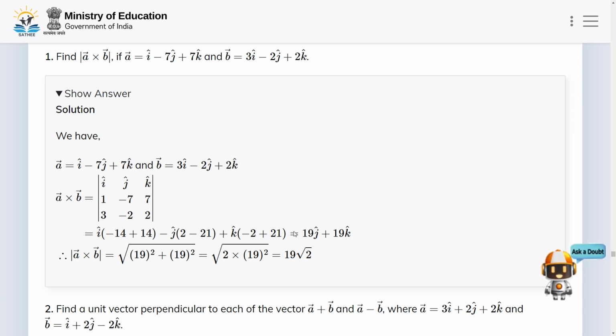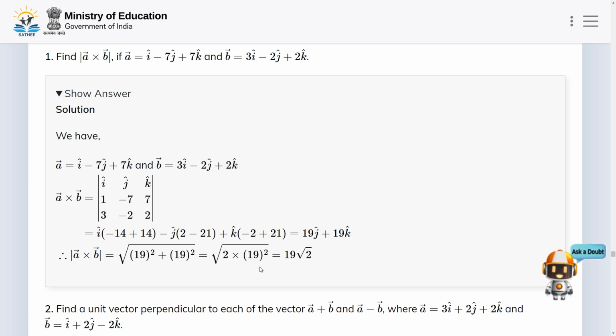Now in order to find the magnitude, first of all square the scalar components, then add them, and then apply the square root. As you can see here, we are squaring the scalar components, adding them, and then applying the square root.